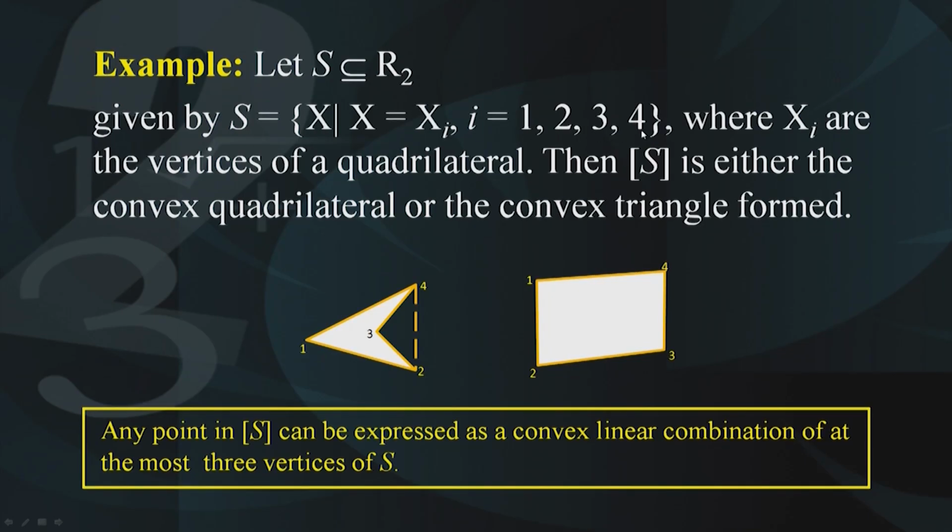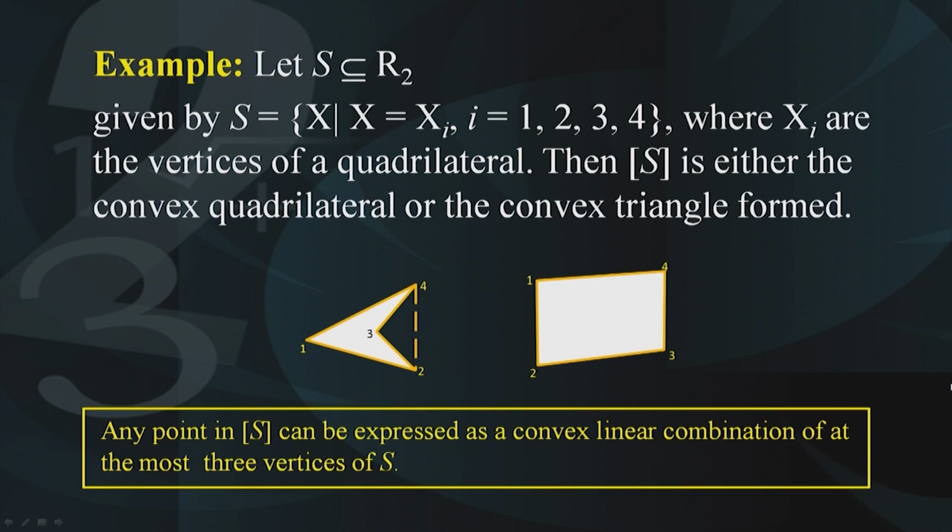So, suppose we take the example of R2 and let us suppose S is a subset of the 2-dimensional space, and S is given by the set of all x satisfying this condition, that is, x is equal to x1, x2, x3, x4, where each of these xi's are the vertices of a quadrilateral. Then the convex hull of S is either the convex quadrilateral or the convex triangle formed as shown below. Now, what does this mean? Let us look at it closely.